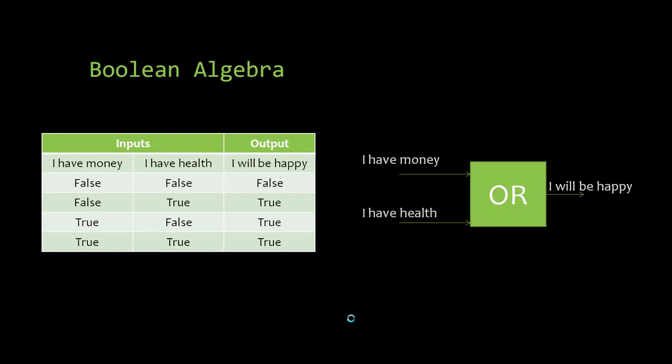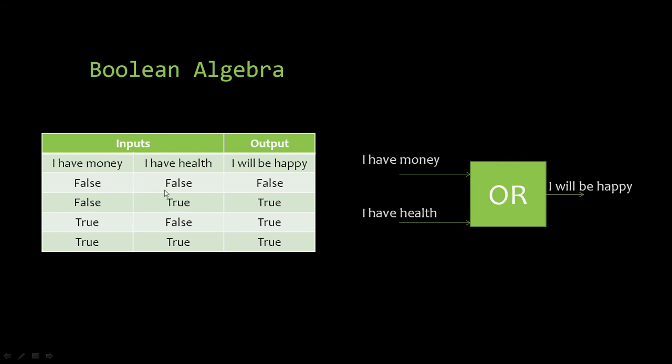For example, this is a truth table where we put all the inputs and outputs and all the possibilities. The operation between the inputs is the OR. In the first row, the inputs are I have money and I have health, and the output is I will be happy.